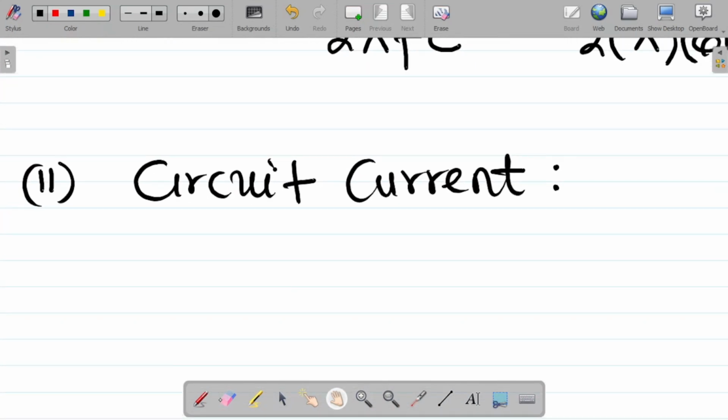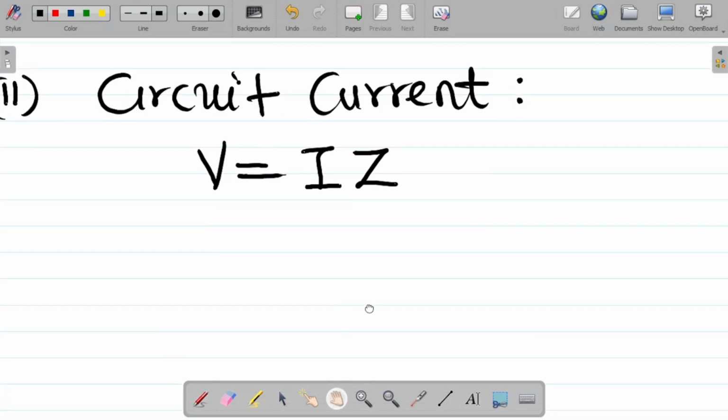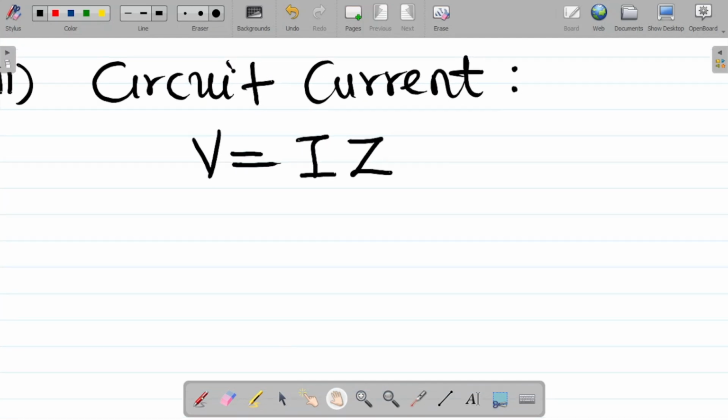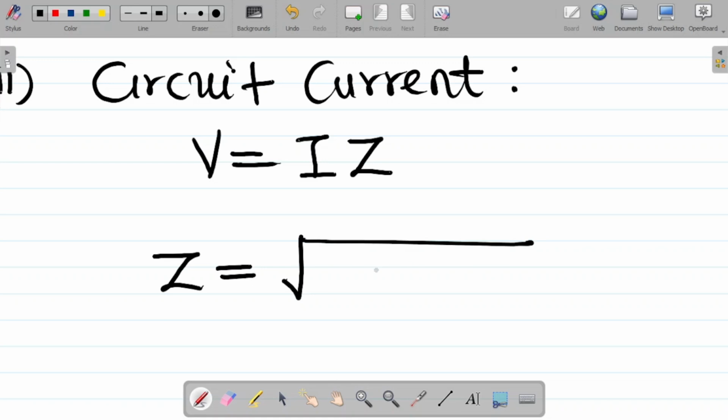To find current in this case, you have that V is equal to, from Ohm's law, IZ. That's the formula. What's Z? Z is called the impedance. And Z for an RC circuit, that's a resistor and capacitor circuit, is given by Z is equal to the square root of R squared plus XC squared.